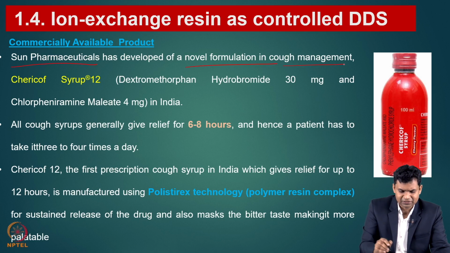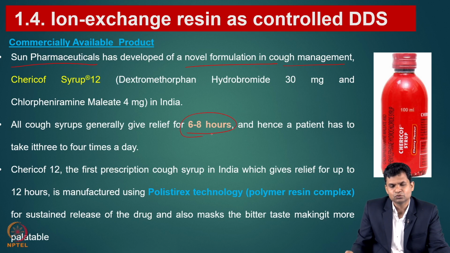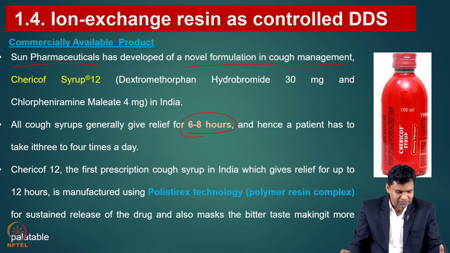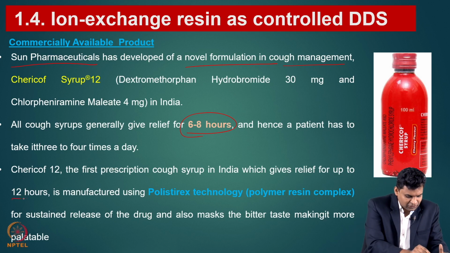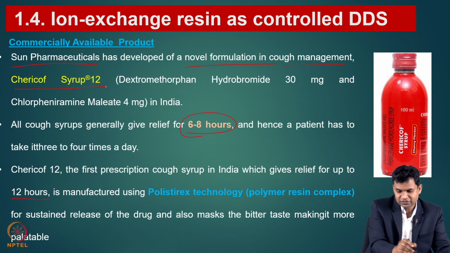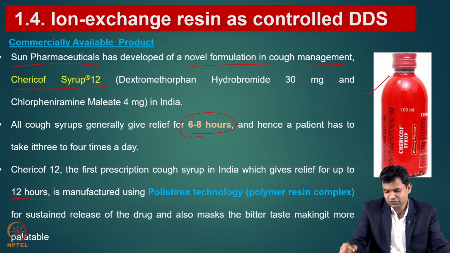As we know, in the market there are so many products available in various dosage forms, and the limitation is that they work for 6 to 8 hours, and of course, the efficacy and safety of cough syrups is therapeutically limited. But this product, as the claim suggests, will work for 12 hours, and the brand name is cherry cough syrup, you can see in the picture also.